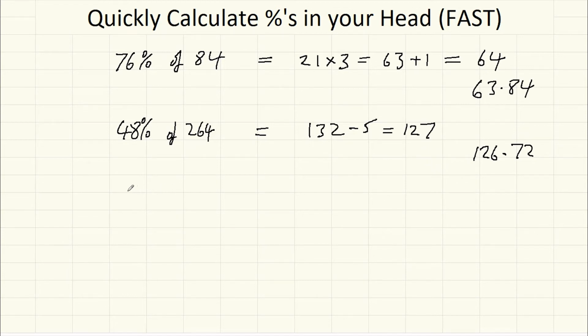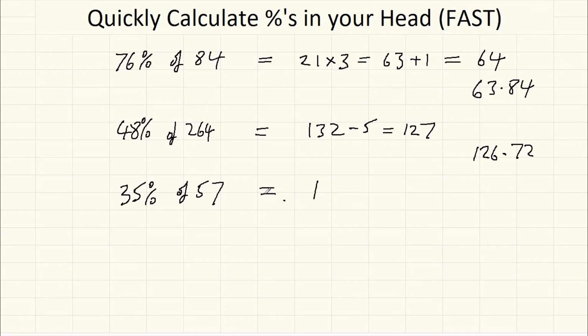How would you do this one? What is 35% of 57, roughly? Well, 35% is about a third. And a third of this, well, we divide it by 3.